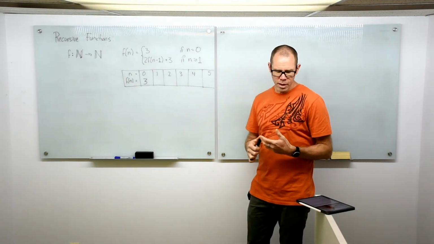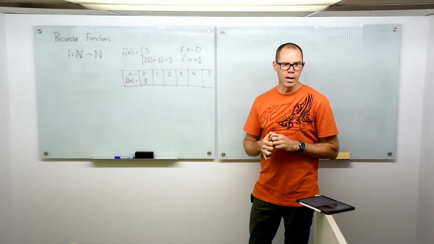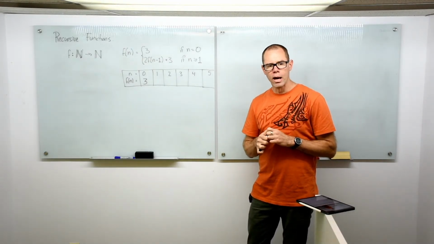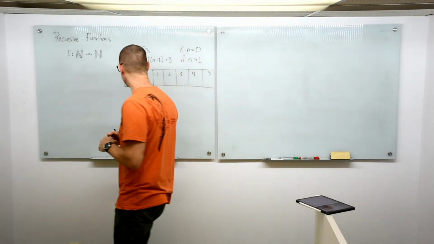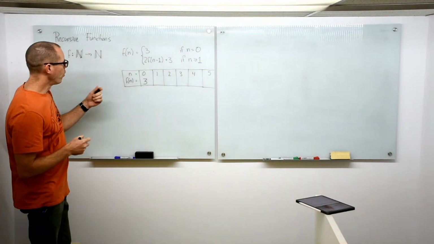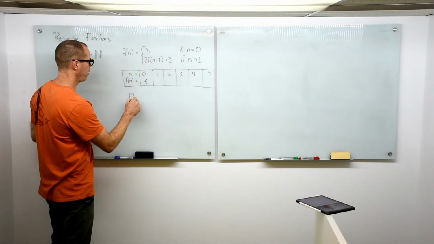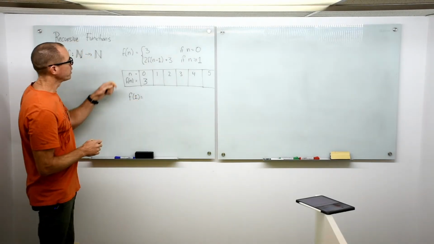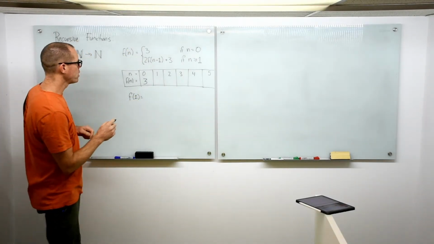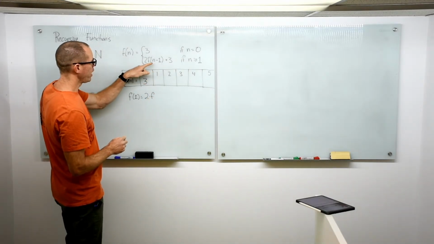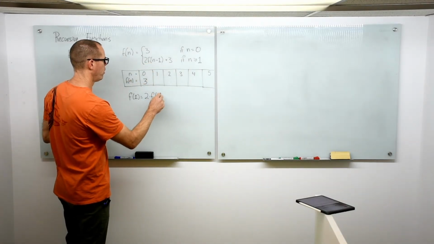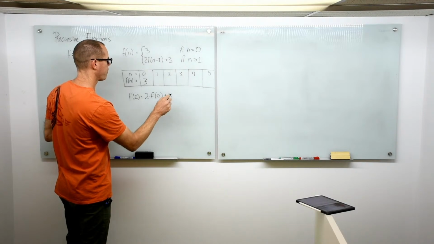And now you see that for any non-negative integer n, I can figure out what the value of this is, right? So for example, what is f of 1? According to this definition, it's in the second case. So it should be 2 times f of n minus 1, when n is 1 that's f of 0, plus 3.